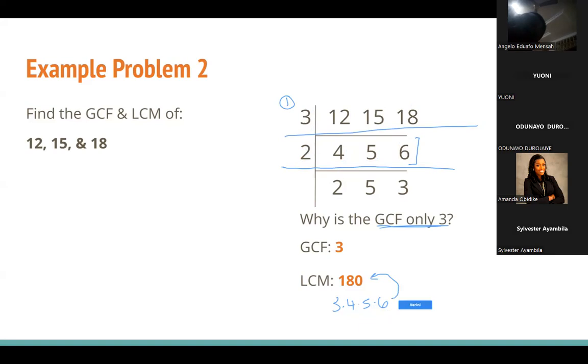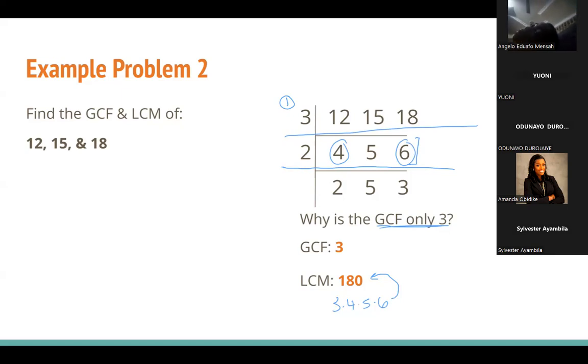So let's figure out why. If we look at 4 and 6, they still have a common factor of 2. And by multiplying 3 times 4 times 5 times 6, we are double counting that 2 as an additional 2. Does that make sense to everyone?